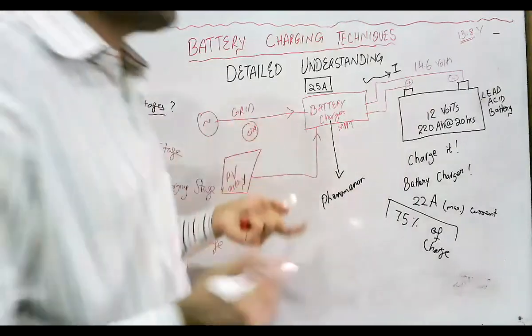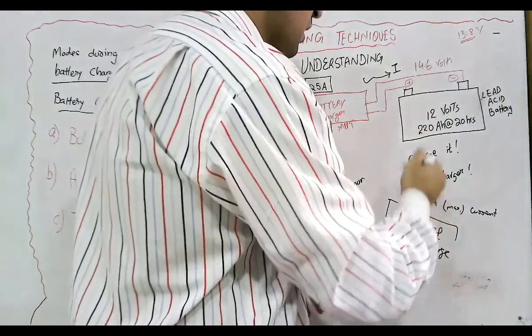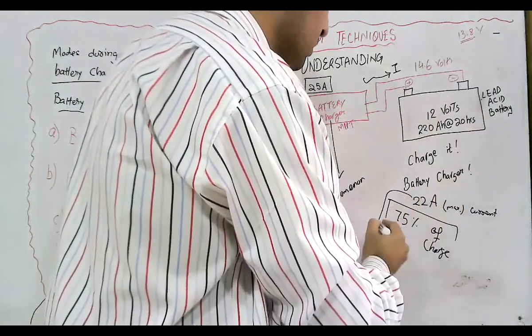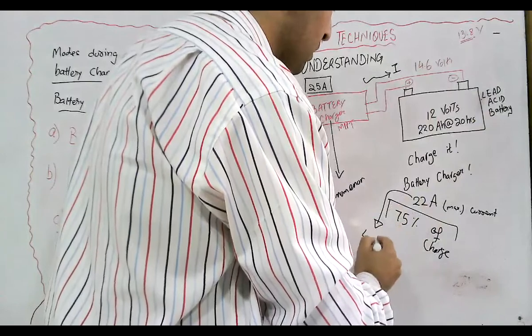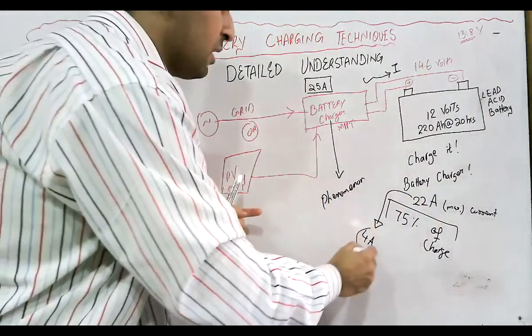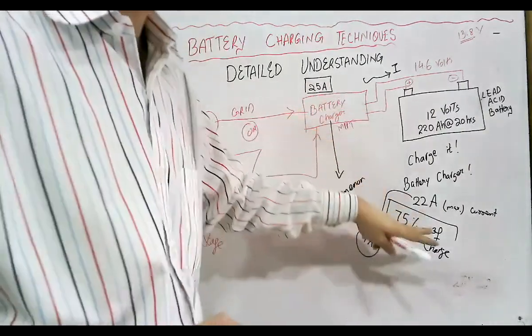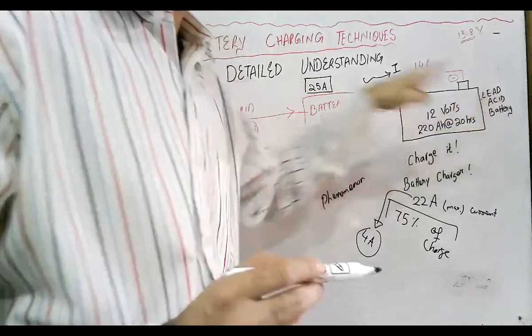Let's say when the battery is charged to around 75%, the current drawn decreases to around 4 amperes. Now, this is the time your battery charger has to decide whether it should cut off the battery charging stage or not.